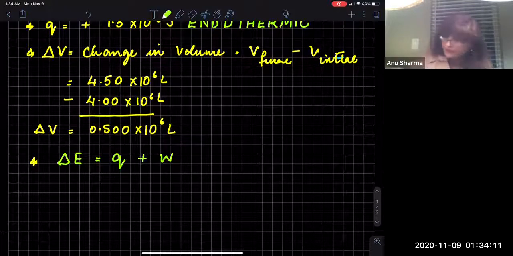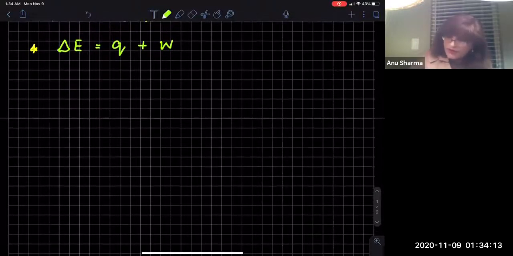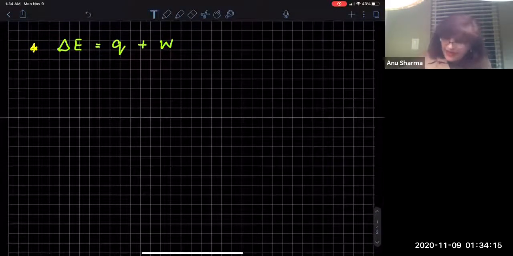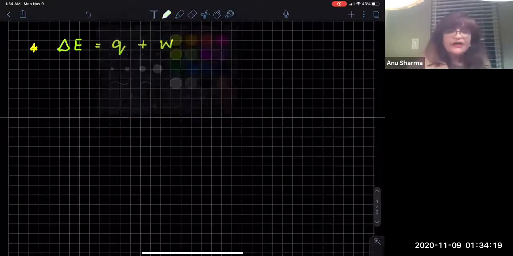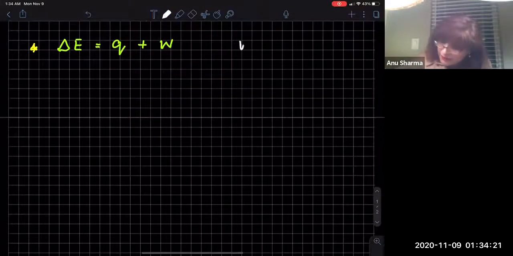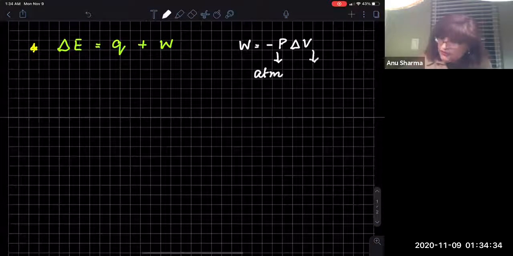So that's the W. Now, the story here is about the units. Remember, W is negative PΔV. So P is going to be in atmospheres, and volume is going to be in liters.